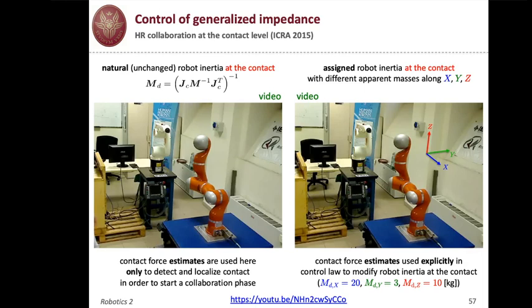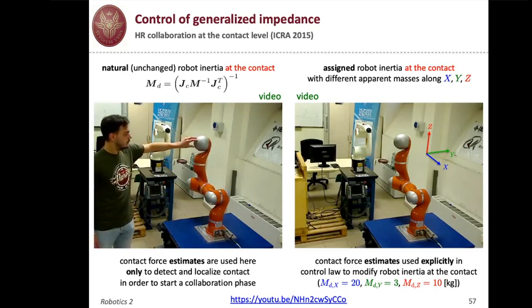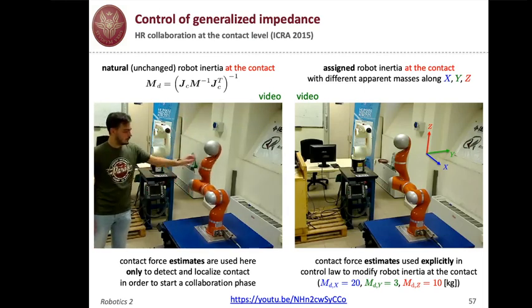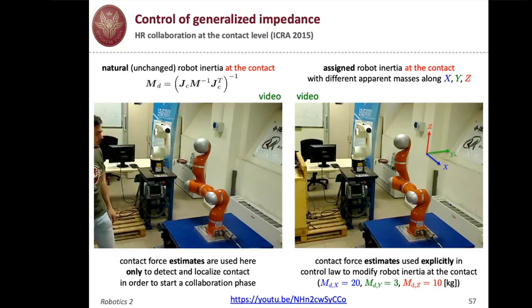On the left video, we are not changing the inertia at the contact. So this is the natural inertia, which is represented by the formula given above: the inverse of the Jacobian of the contact point, the inverse of the inertia of the robot, times the transpose of the Jacobian at the contact point.